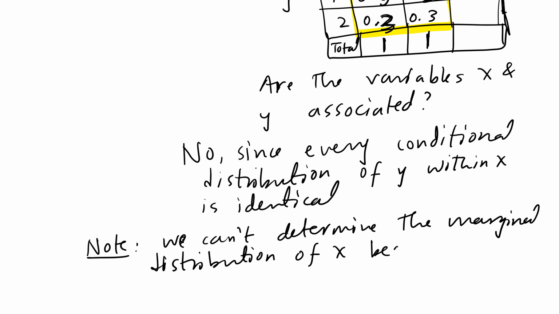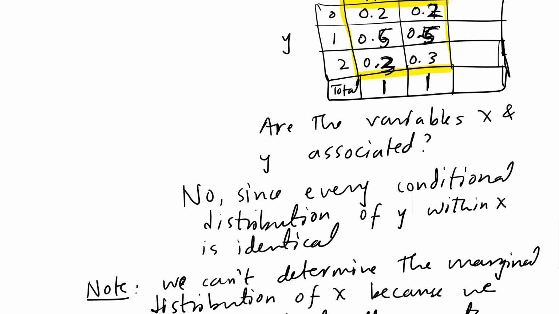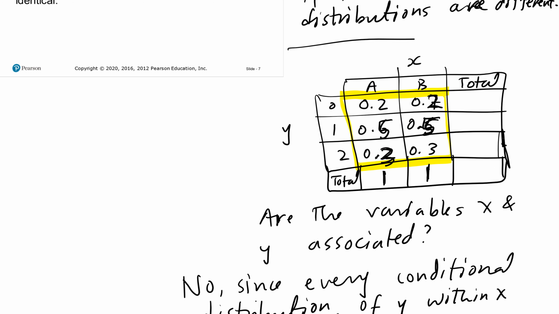Because we need the actual cell counts. Cell counts means the frequencies. Here they didn't give us the frequencies, they just give us the conditional distributions. That's why. So this example has nothing to do with the previous example.